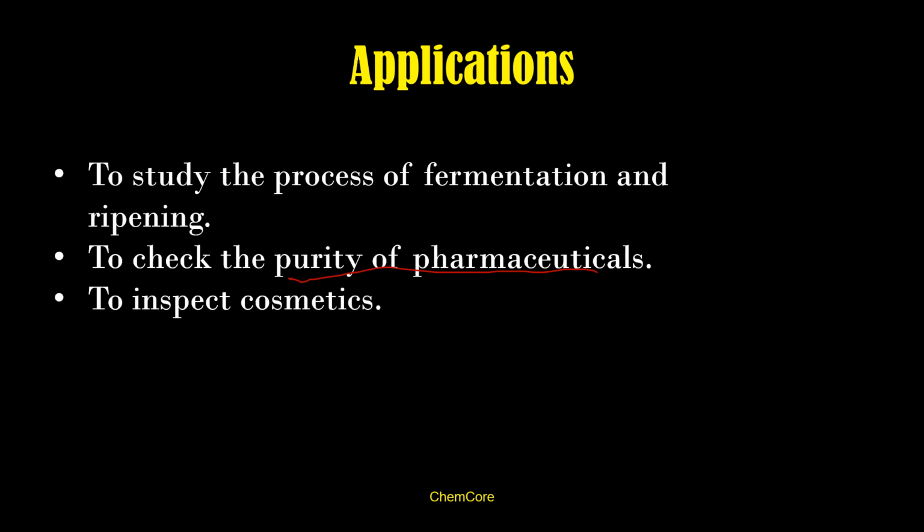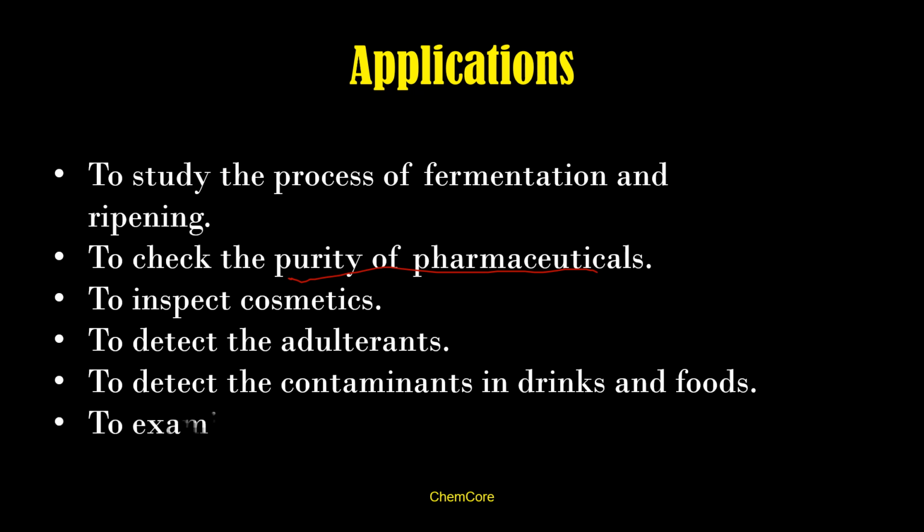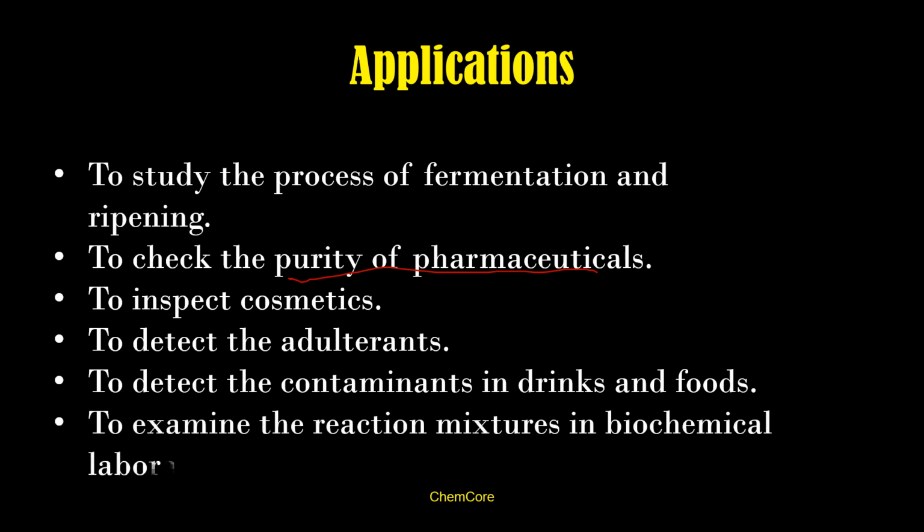To inspect cosmetics, to detect the adulterants either in food or drinks. In the same way, food scientists or food authorities use the chromatography to detect the contaminants in the drinks and foods. It is also used to examine the reaction mixture in biochemical laboratories.